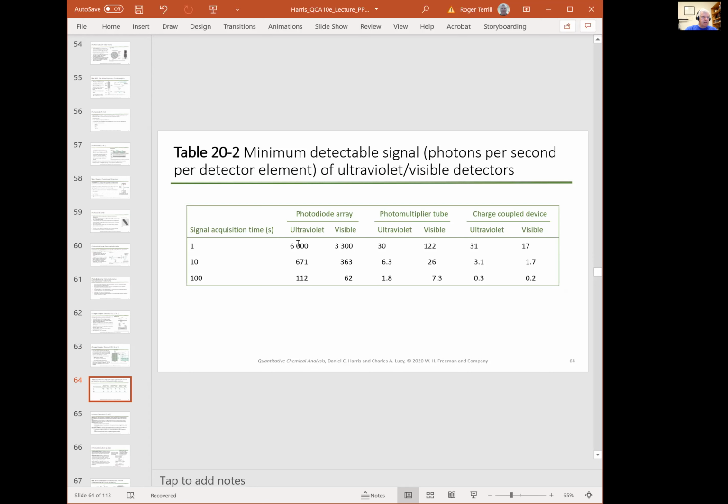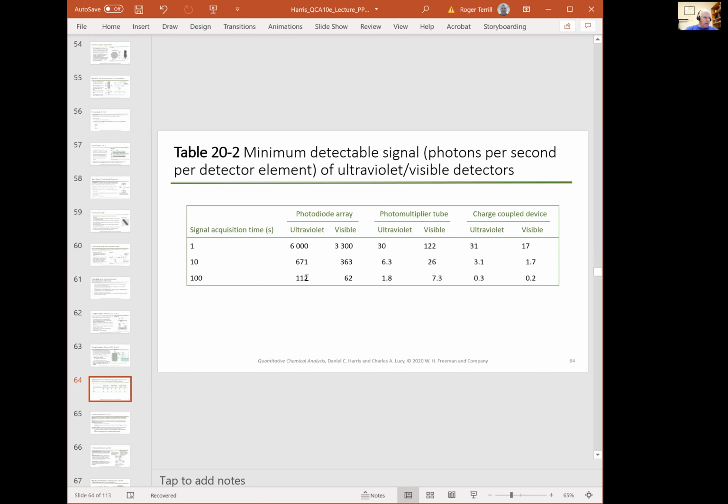So you need, say, 6,000 photons per second to detect a single photon in 1 second, 600 in 10 seconds, and 100 in 100 seconds.